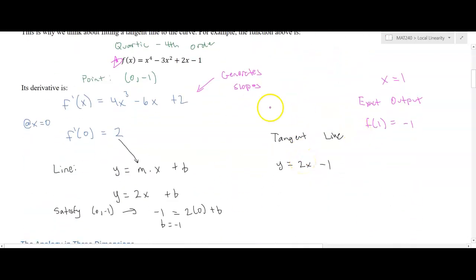Now, what would be my approximation? Well, my approximation would come from the tangent line equation, which is y equals 2x minus 1. So y is equal to 2 times the value of x minus 1, which produces y equals +1. And you can see that these are very clearly not the same. This is the exact value, this is our approximation, and you can see we're off by a whole lot there.